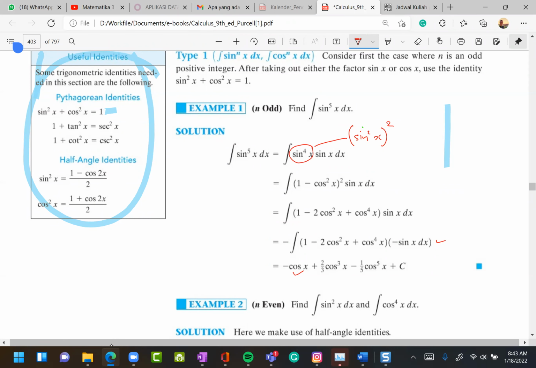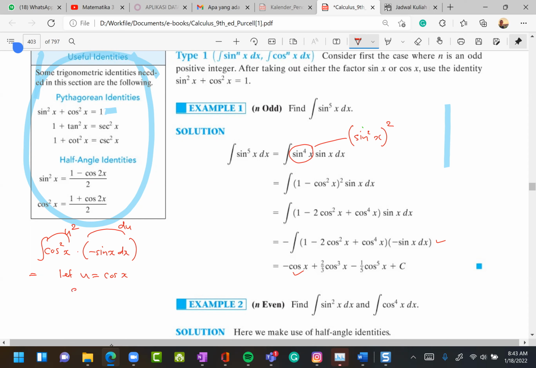Okay, so you see this is the form of u square, and this is du, by letting u equals cosine x.